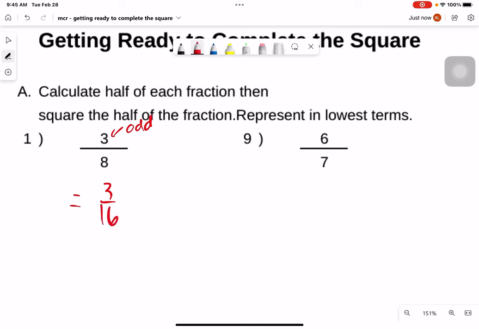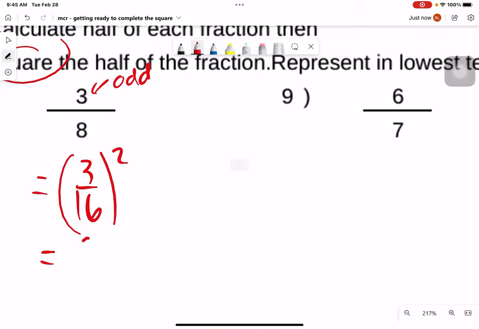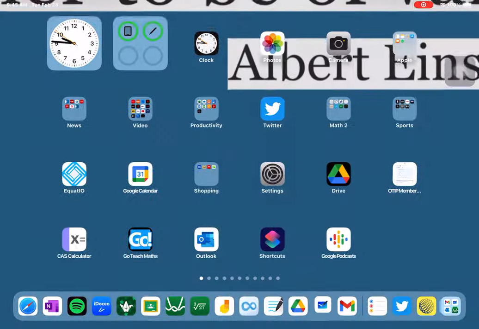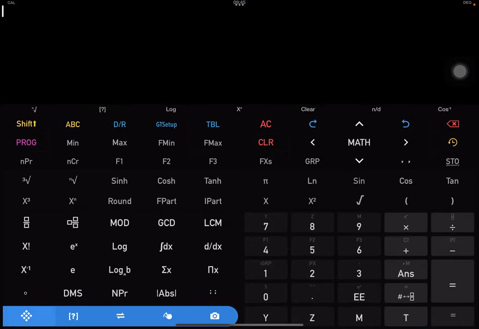Now what I want to do is square the half of the fraction. So that becomes 9 over 256. Okay, now I better double check and see, is 9 a factor of 256? So let's go to my calculator. 256 divided by 9 equals 28.444.